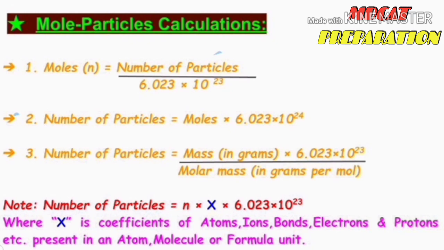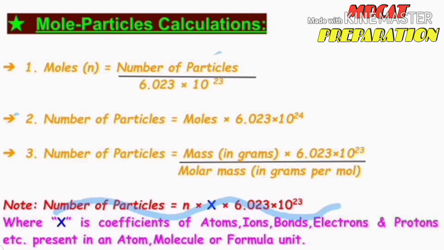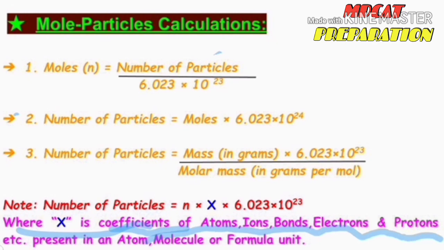Number of particles is equal to mole into x into 6.023 into 10 raised to the power 23. Now what is x? Where x is the coefficient of atoms, ions, bonds such as hydrogen bonds, electrons, protons, etc. present in an atom's molecules or formula units.